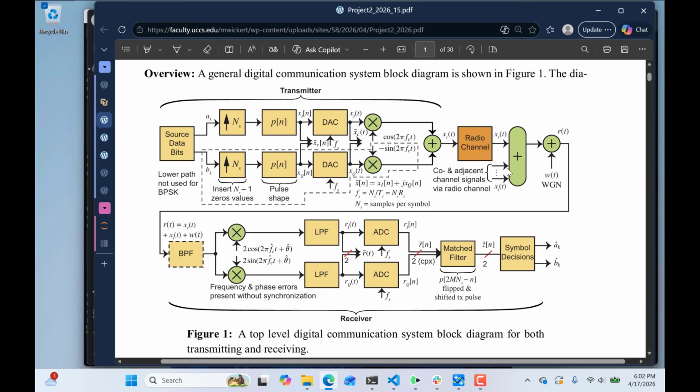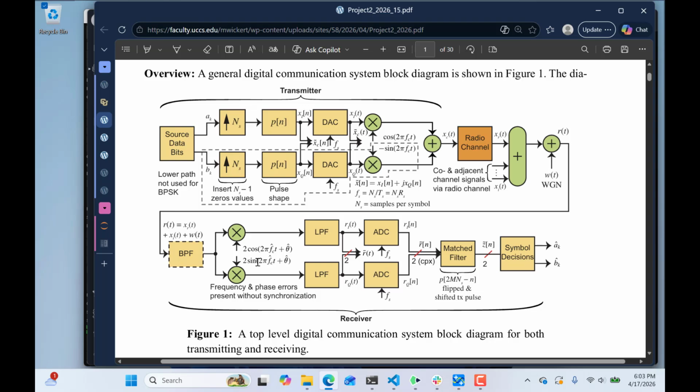The radio channel has the possibility of co and adjacent channels interfering, and then white Gaussian noise will be adding in as a result of carrying it over into the receiver, which has a noise figure and noise associated with its front end. That's part of Appendix A, of course. And then at the receiver, we have a bandpass filter to isolate the signal of interest from other signals out there.